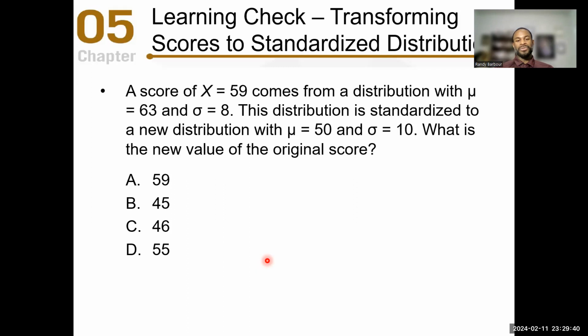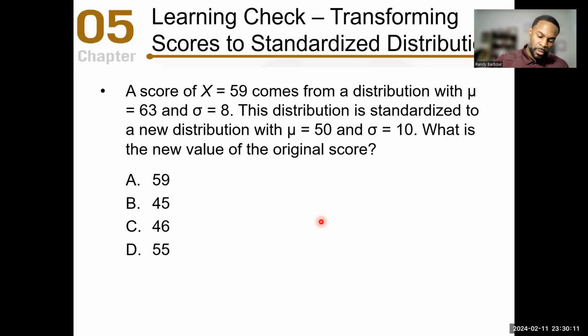What is the new value of the original score? Pause the video and work it out for yourself. Then I'm going to show you on a separate screen how you get this solved.